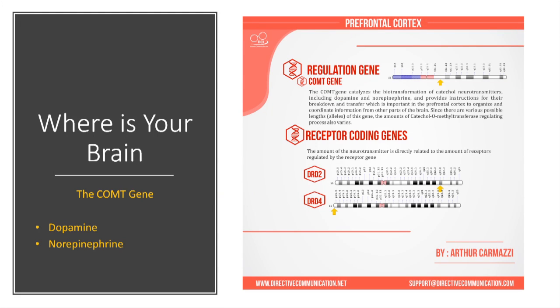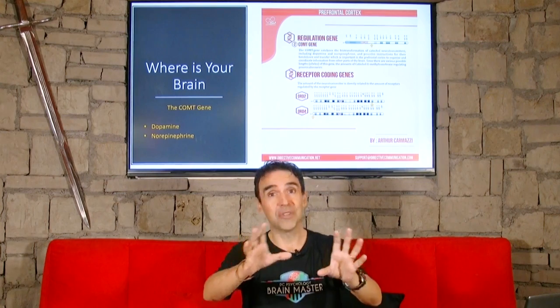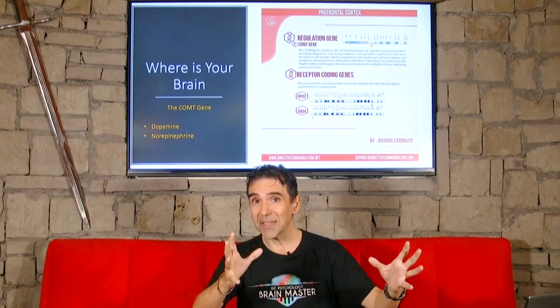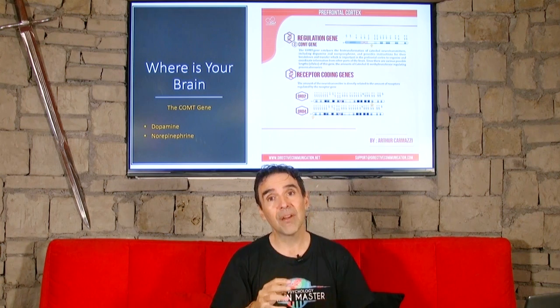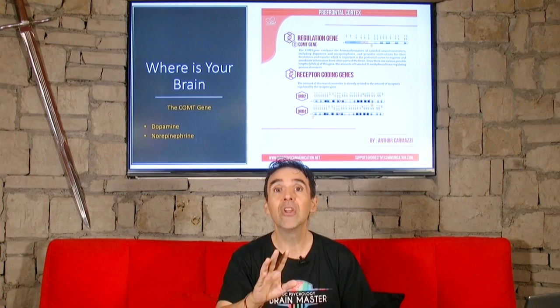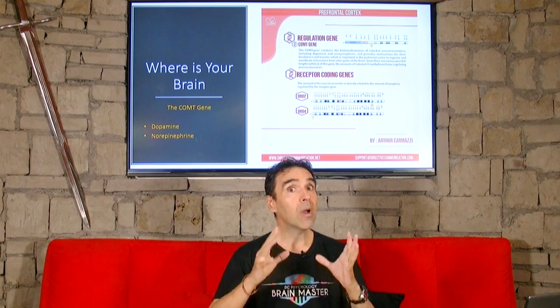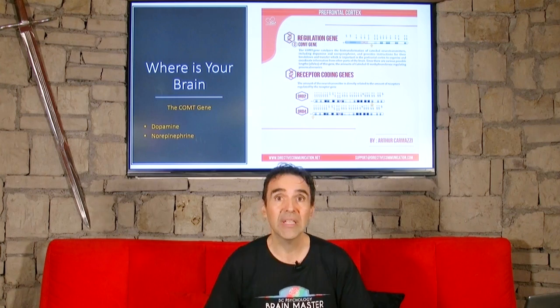Well, essentially, it regulates dopamine and norepinephrine. Now, you may have heard of dopamine as this like happiness drug. Well, we're going to go into that in a whole different video because that is a big thing in itself. But for now, let's just understand that dopamine and norepinephrine are important neurotransmitters for your brain process or your ambiguity relief.